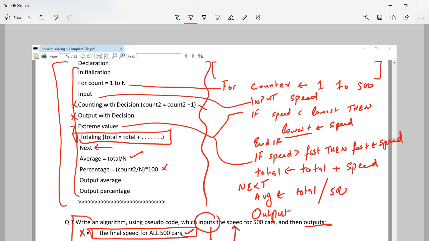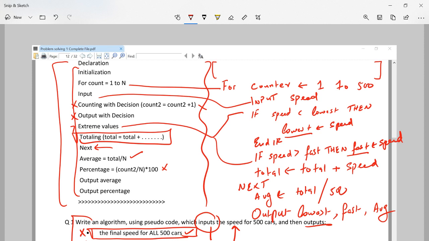So output lowest, output fast, the variable that we use is fast. All the extreme value variables will be output. Okay, just keep this in your mind. And average, these three things will be output.